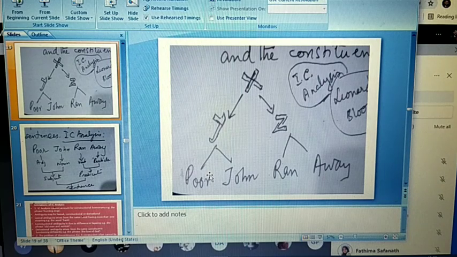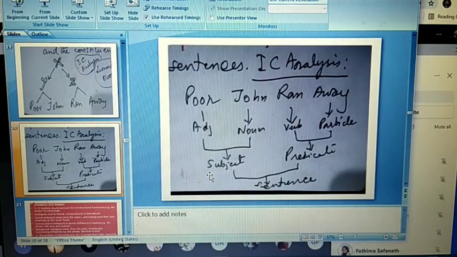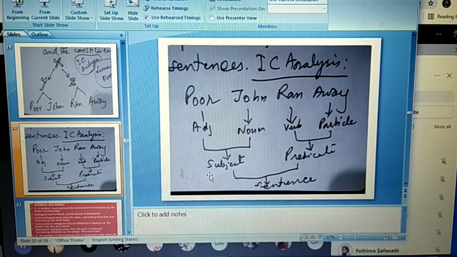So it can be shown like this, or it can again be shown in another way. Look at that. Poor John ran away. Poor is adjective, John is noun, adjective plus noun is the subject, ran away is verb plus particle, verb plus particle is predicate, subject plus predicate is sentence.